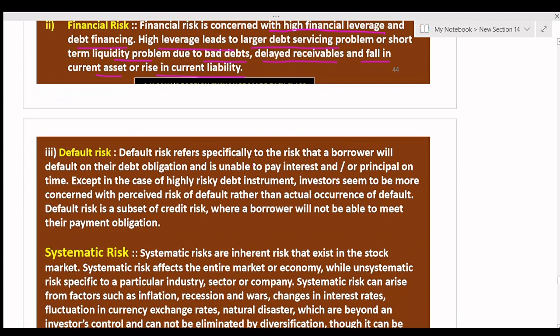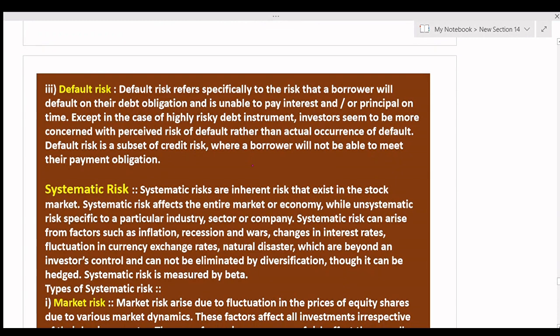Next come default risks. Default risk refers specifically to the risk that a borrower will default on their debt obligation and is unable to pay interest and/or principal on time.